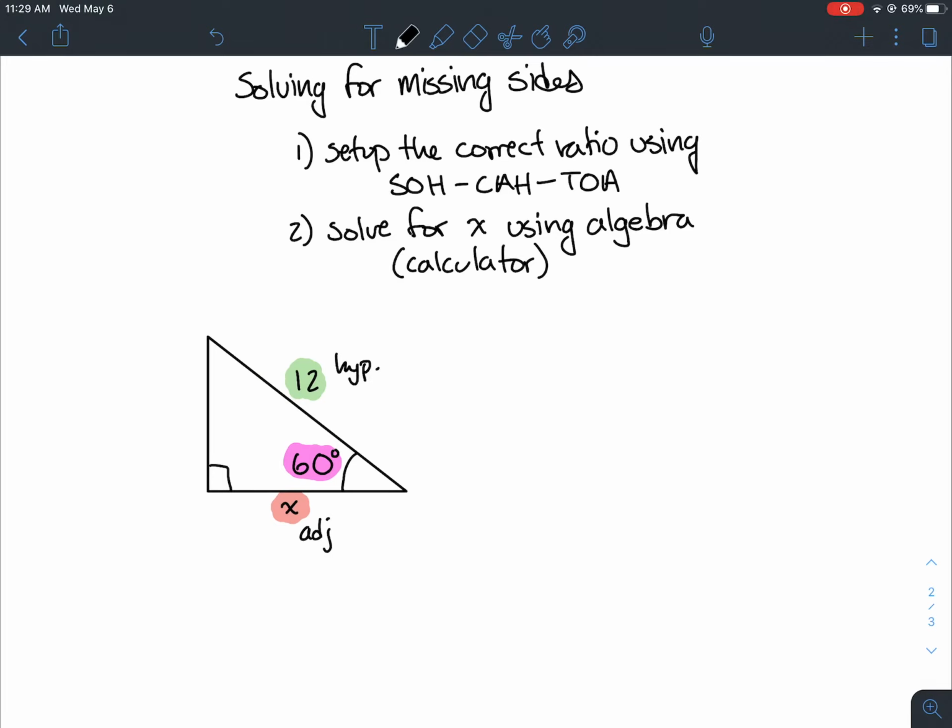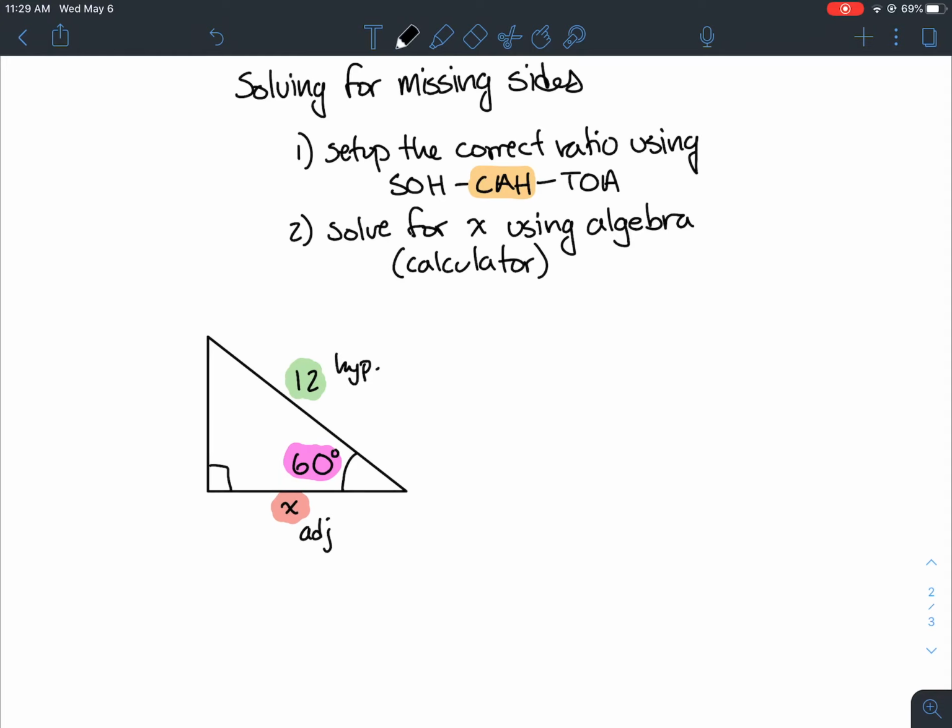So if I go back up to my ratios, the only one that deals with adjacent and hypotenuse is right here. The other ones have opposites in them, and we don't know the opposite side yet. So I need to use my cosine.